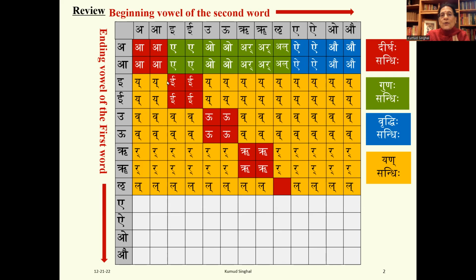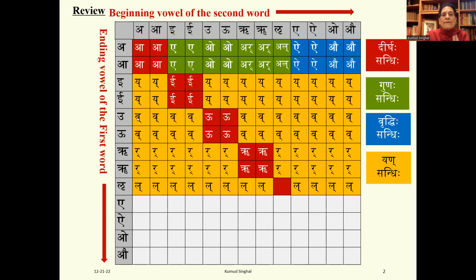But if it is followed by i, a similar vowel, then the dirgha sandhi takes precedence. Similarly, u or ū will be followed by the semi-vowel v. So you see here the semi-vowel v. If ṛ or ṝ is followed by dissimilar vowels, it is the semi-vowel r or the repha. And if ḷ, it is the semi-vowel l.